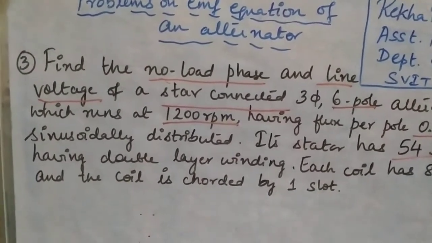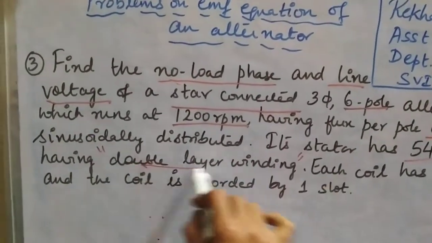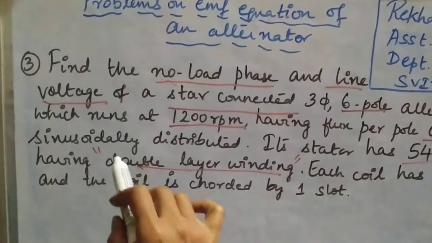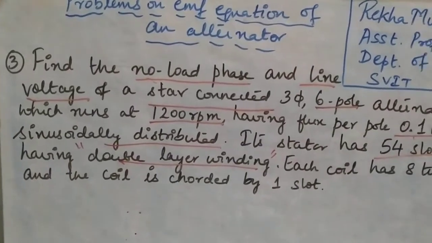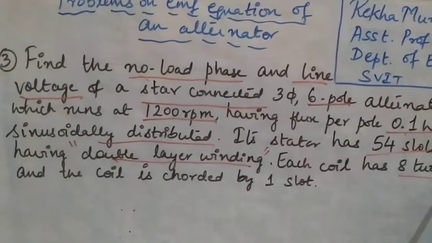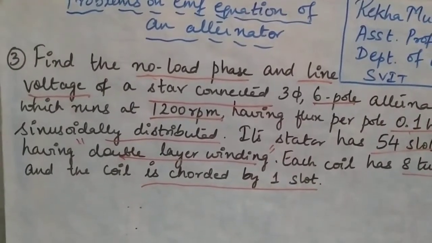This is a special thing we have to consider in the case of a double layer winding. One more new thing which you have observed is that it is sinusoidally distributed. Also each coil has 8 turns and the coil is short chorded, or short pitched, by one slot.